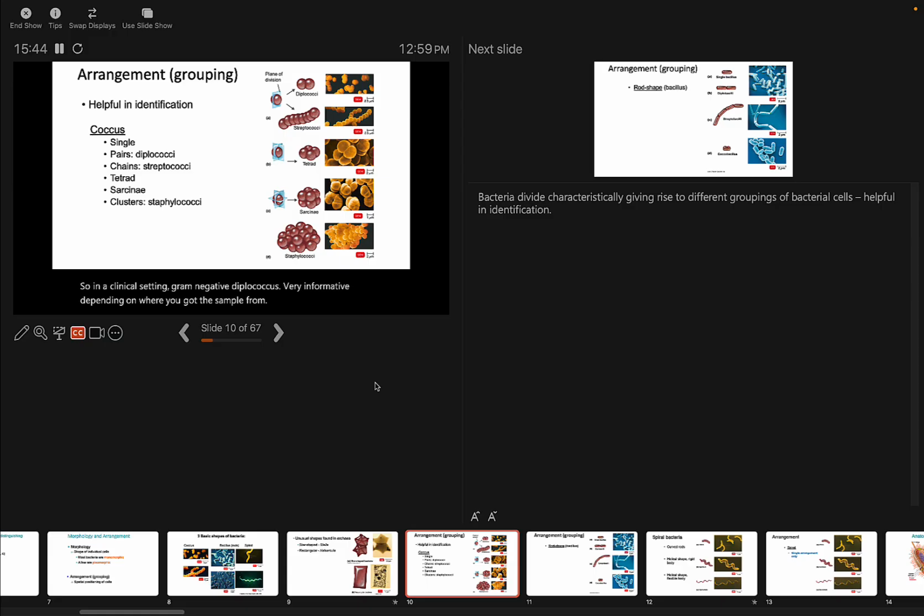You're almost certainly looking at the genus Neisseria. And if you get it from the cerebrospinal fluid, you've got a patient with meningococcal meningitis, Neisseria meningitidis. If you get it other places, you have Neisseria gonorrhoeae. Gram-negative diplococcus, very uncommon in a clinical setting, so that can be very informative.